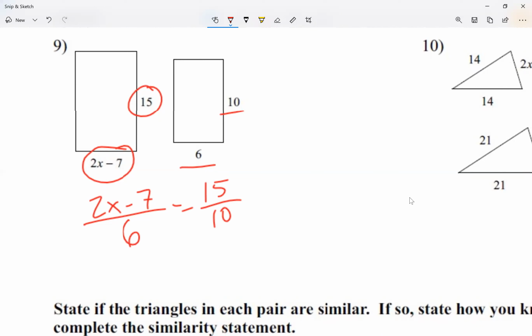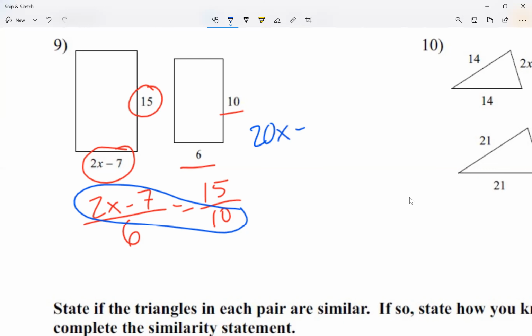When I cross multiply this way and there's a plus or minus, in this case a minus, the number that is by itself, 10, I have to go 10 times 2X and 10 times 7. So that's going to give me 20X minus 70 equals.